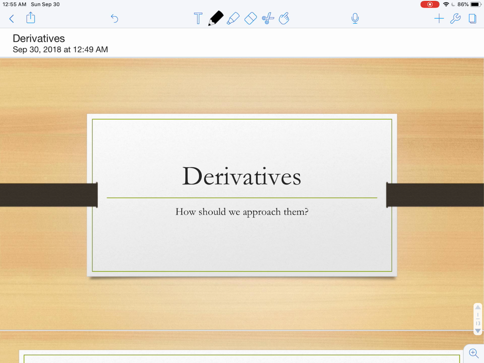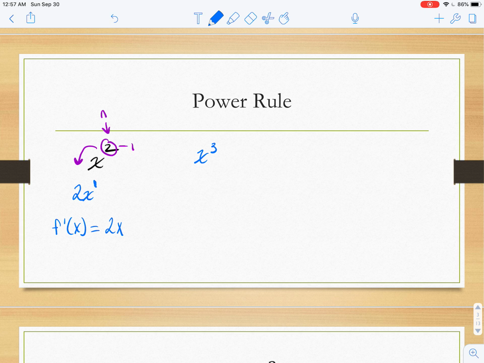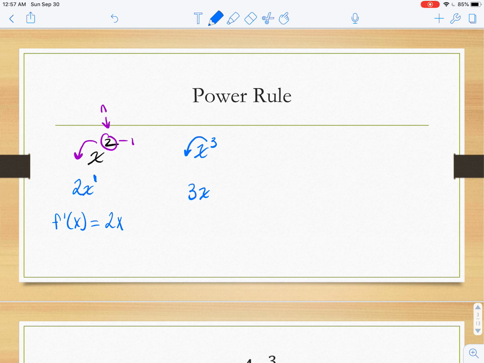Another one would be x cubed. Same thing, bring this exponent to the front, so we have 3x, and then subtract the exponent by 1, which gives 2. So 3x squared is the derivative of x cubed.